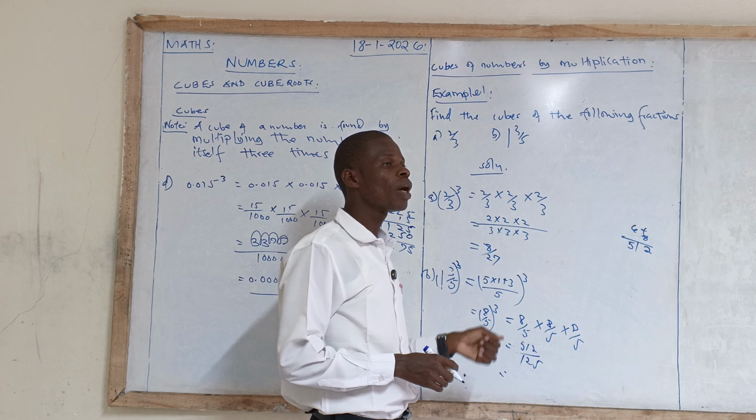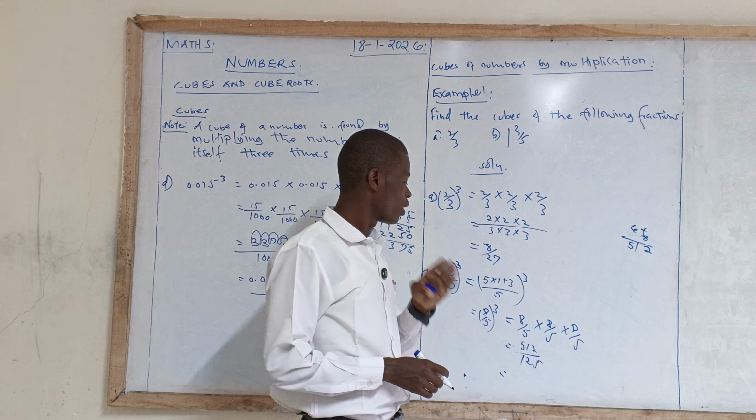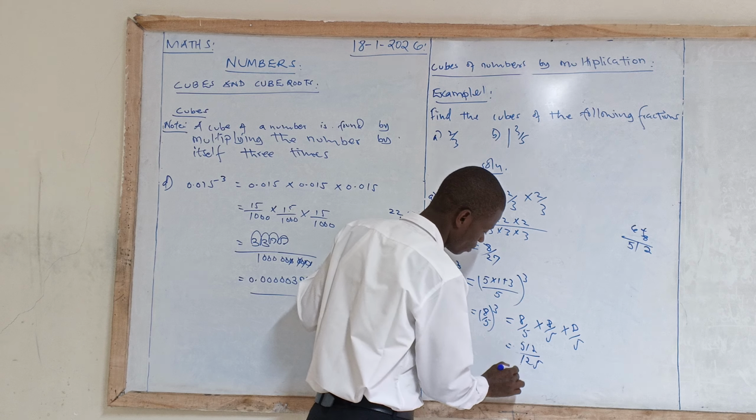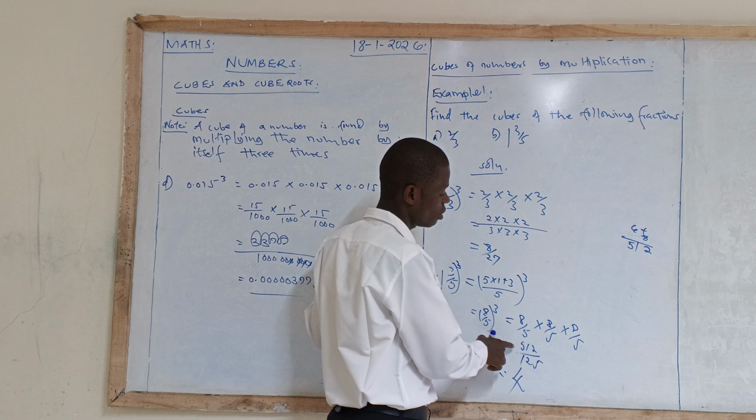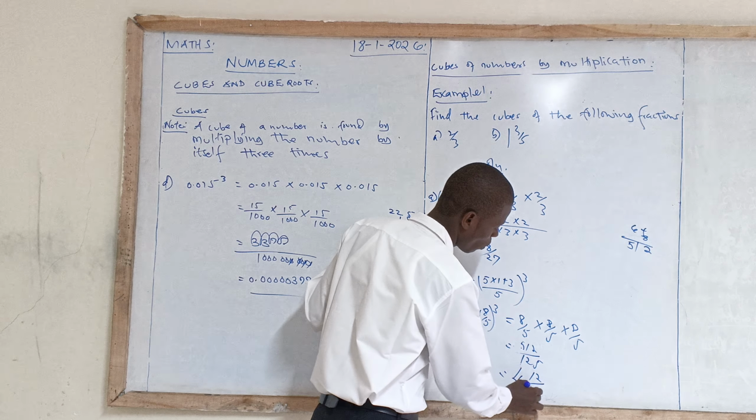So how many 125s are there in 500? It is 4. So 125 goes into 512 4 times, bringing 500. Remember, remainder 12 over 125.